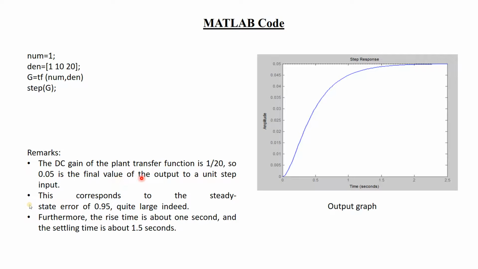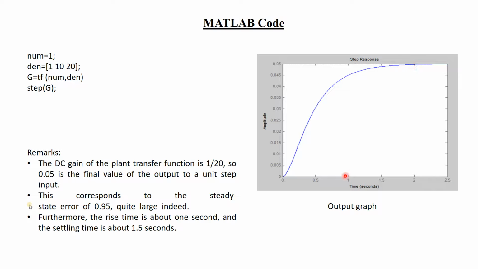See, the DC gain of the plant transfer function is 1 by 20. That means 0.05 is the final value of the output to a unit step input. This corresponds to a steady state error of 0.95, quite large indeed, 95% error. Furthermore, the rise time is about 1 second and the settling time is 1.5 seconds. Rise time is about 1 second, what is rise time?